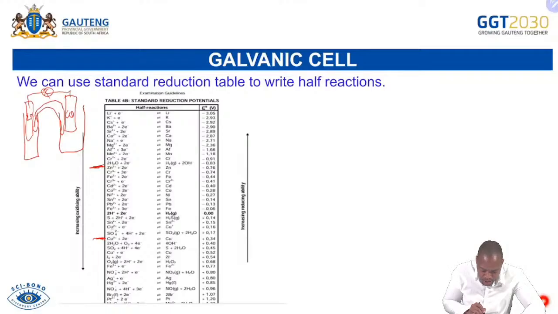You can see it is copper 2+ gaining an electron, but it does not completely turn into copper. But here we have a situation where it completely turns into copper, so this one is out. We cannot choose this one because this one is a Cu+, meaning that it gains only one electron. What we need is the one that will gain 2 electrons.